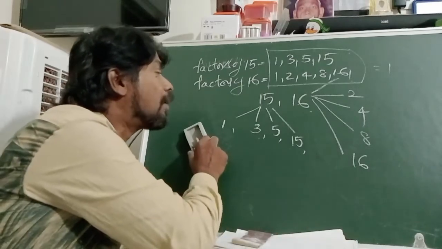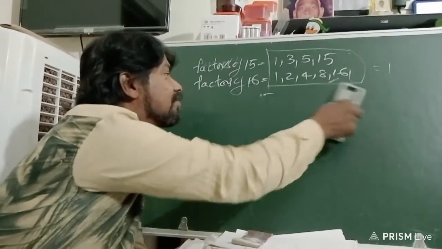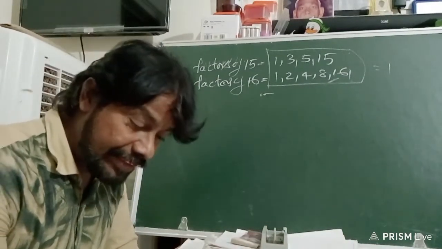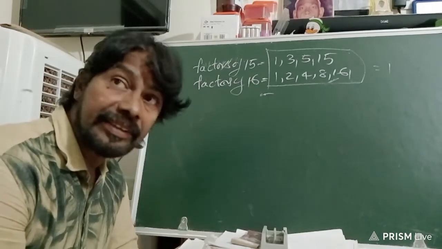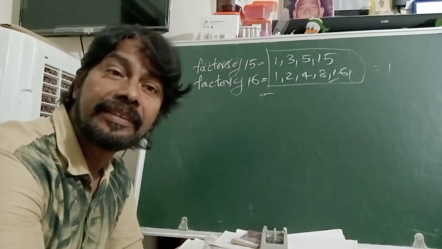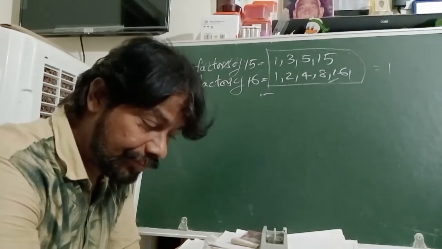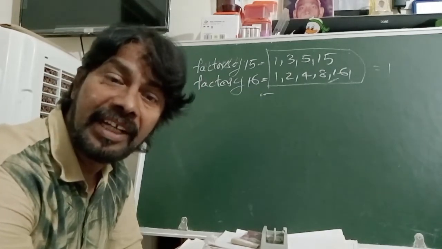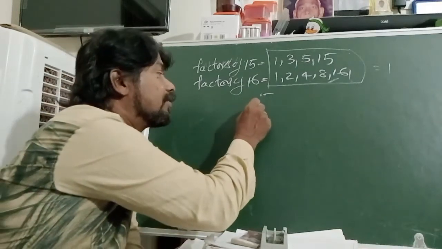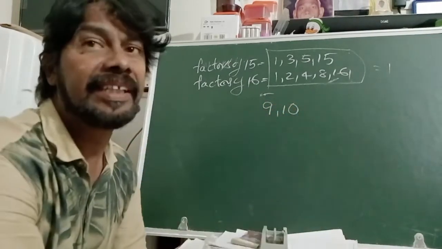The property of co-primes is that consecutive numbers are always co-primes. Two consecutive numbers are always co-primes. Suppose we take 9 and 10.